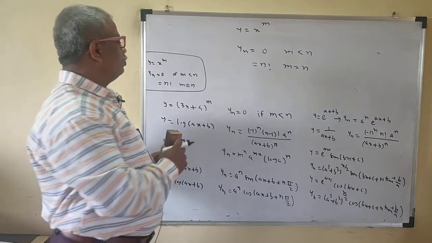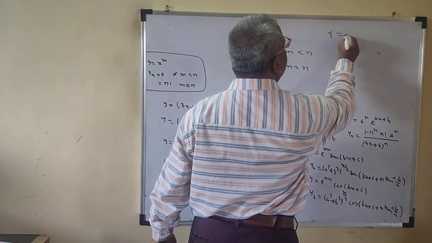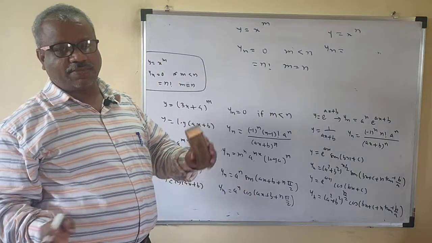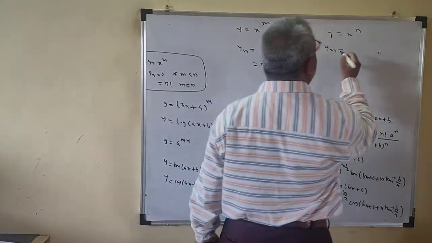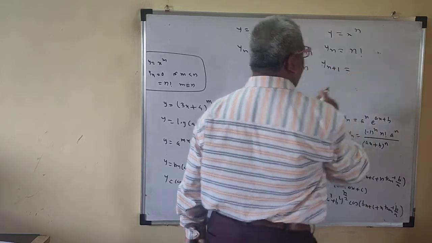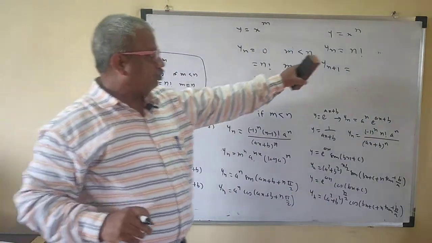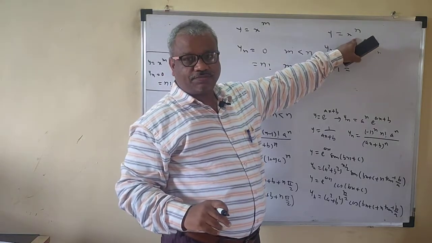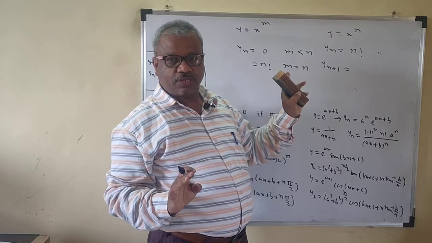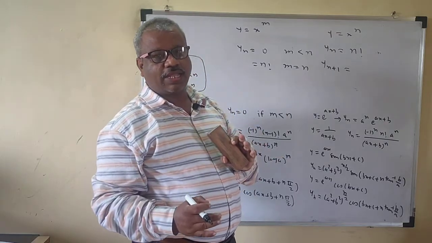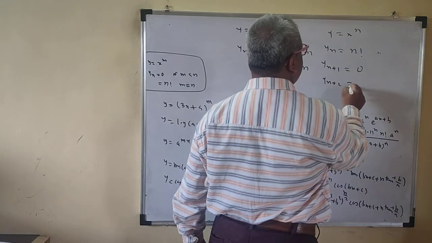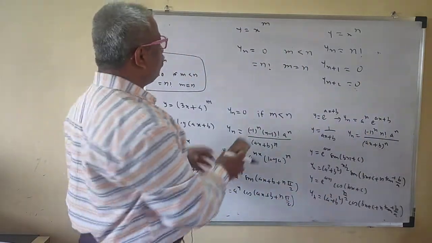So if y is equal to x to the power n, there is no need to write the relation of m. This is n factorial, and y(n+1): this is degree n, so the nth derivative is constant, n factorial, and all derivatives higher than n are 0. So y(n+2) is 0, and so on.